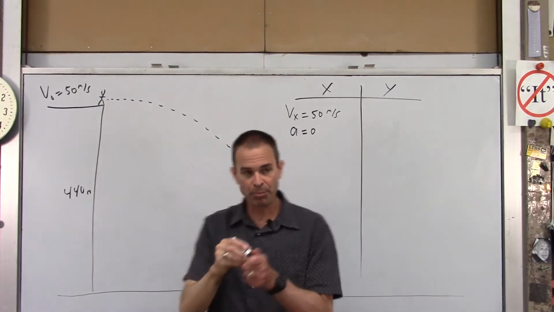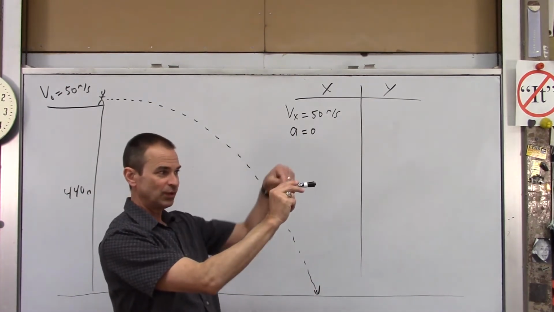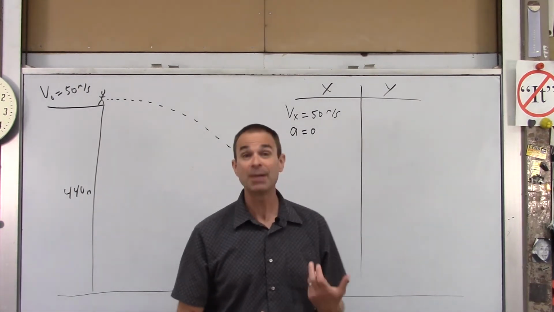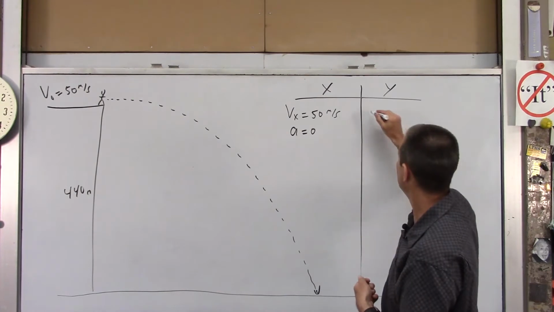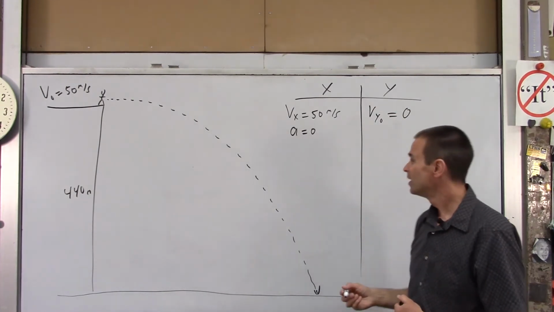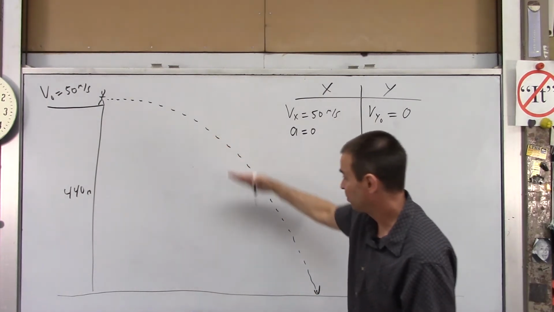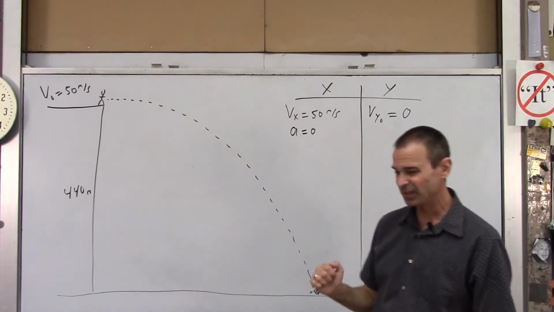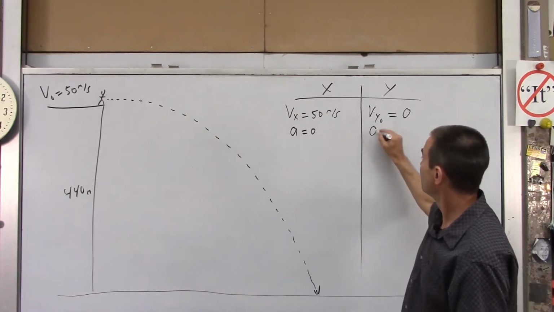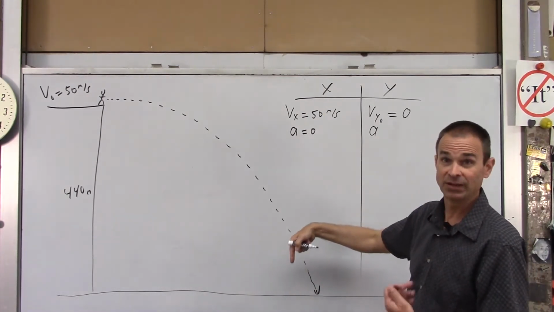When you release the book horizontally, what's its starting vertical velocity? Well, at that point, it's not moving vertically yet, so Vy naught is 0. As it falls, it's going to pick up vertical speed, but at the moment of release, it isn't going down yet. So it's got a 0 vertical velocity. It's accelerating downward at 9.8, gravity.